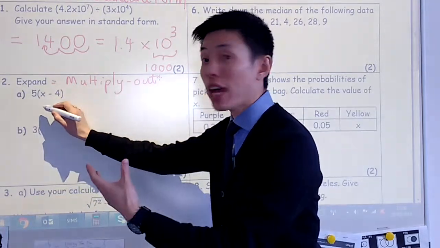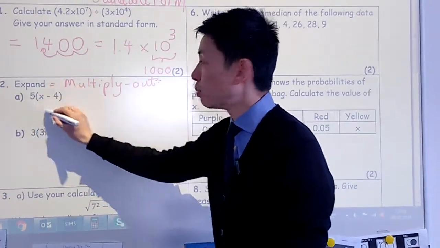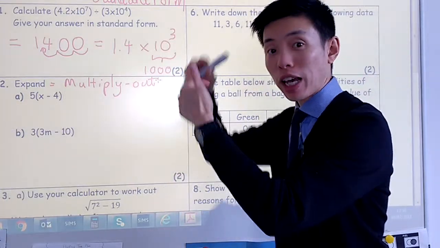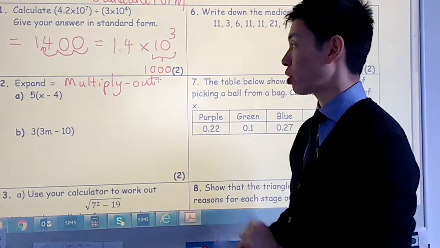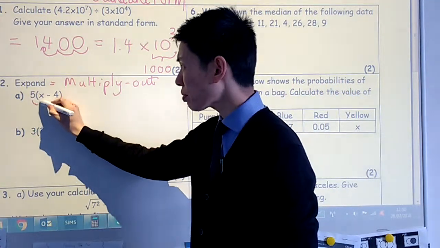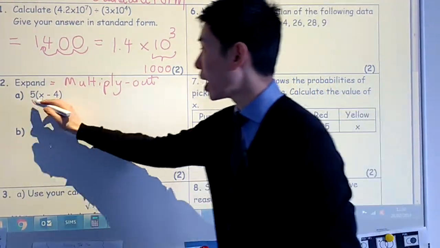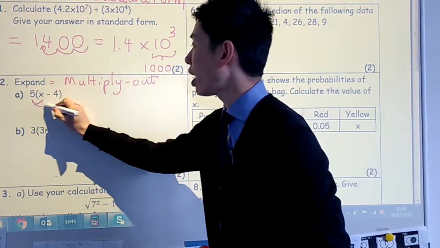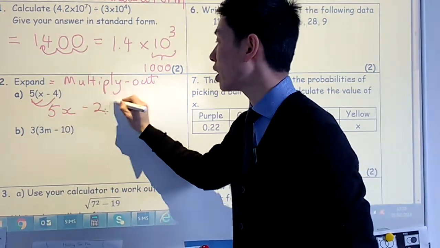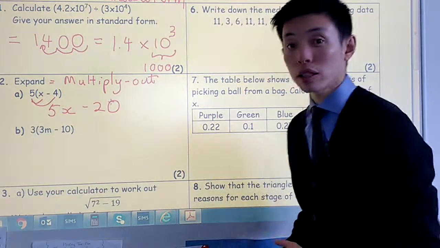So 5 lots of x minus 4: x minus 4, x minus 4, x minus 4, x minus 4, 5 lots of them. To do that, you can simply times 5 by x, so there's 5x, and then you can times 5 by minus 4, which is minus 20. And that's your final answer.